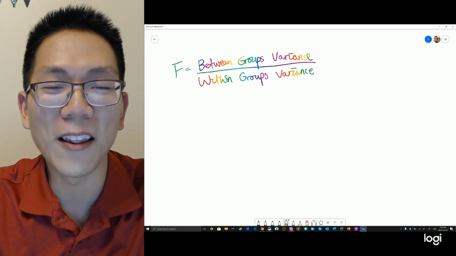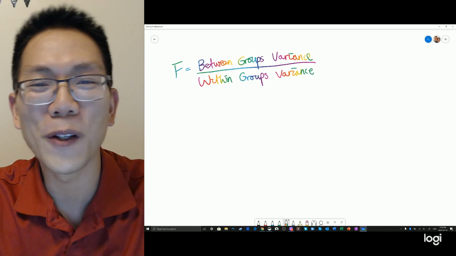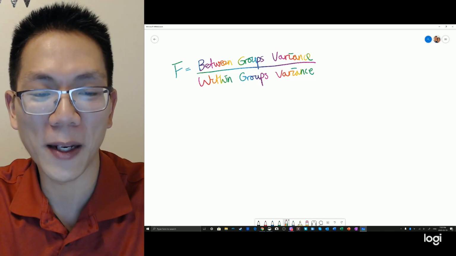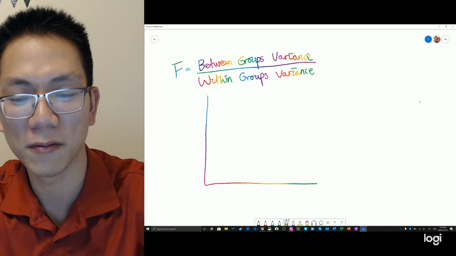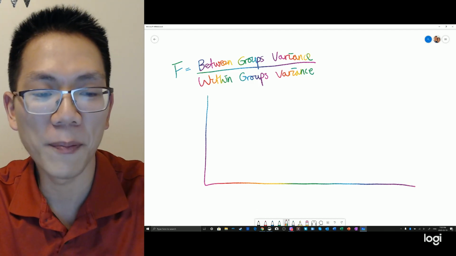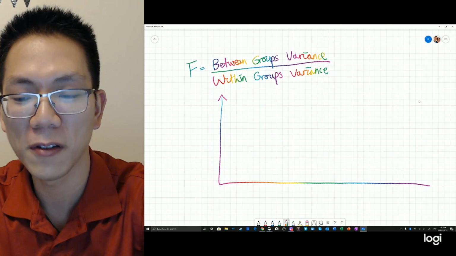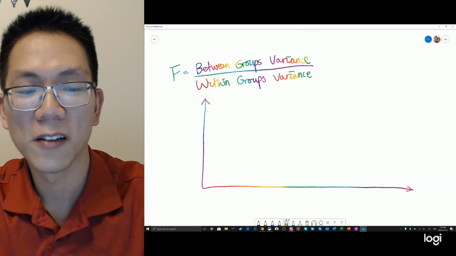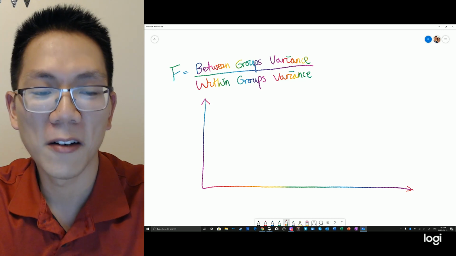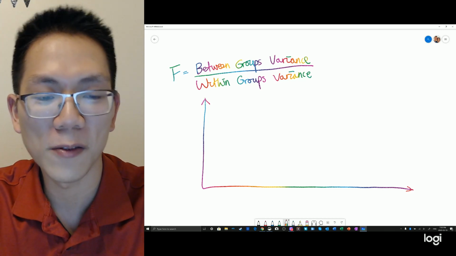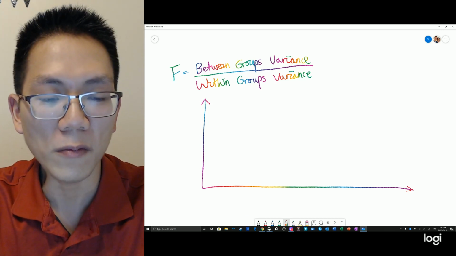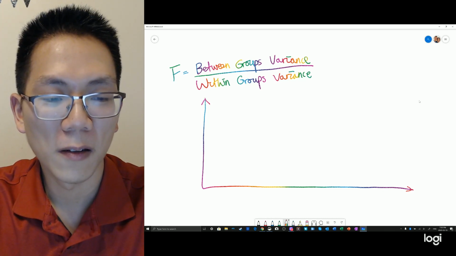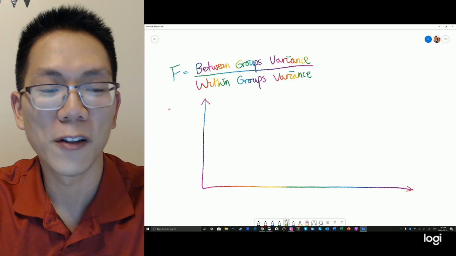Now, what does that look like without using words? So here's a way of explaining it. I'm going to draw a big chart with 2 axes here. Let's say one of these is what we measure.